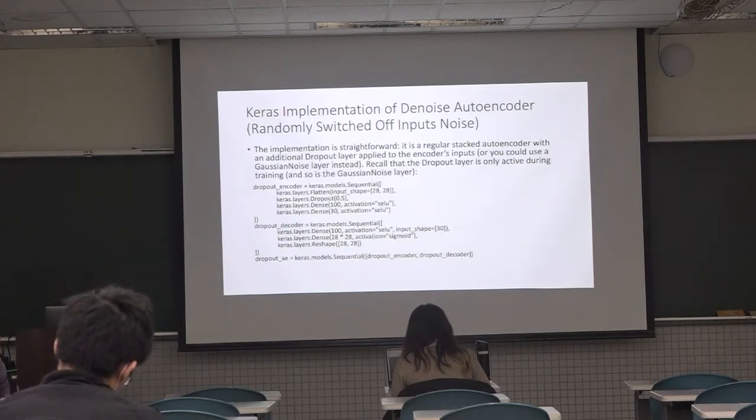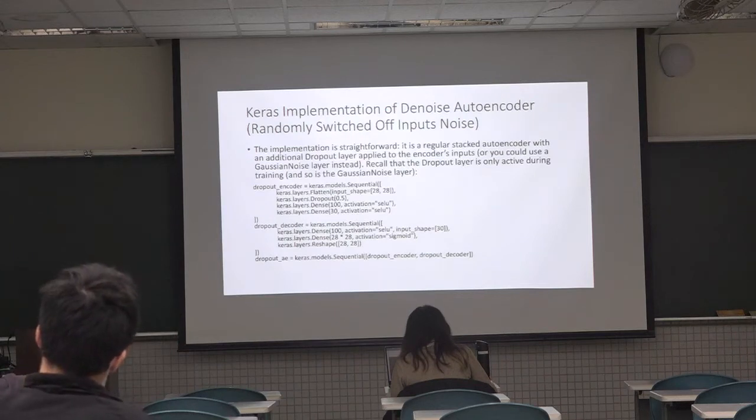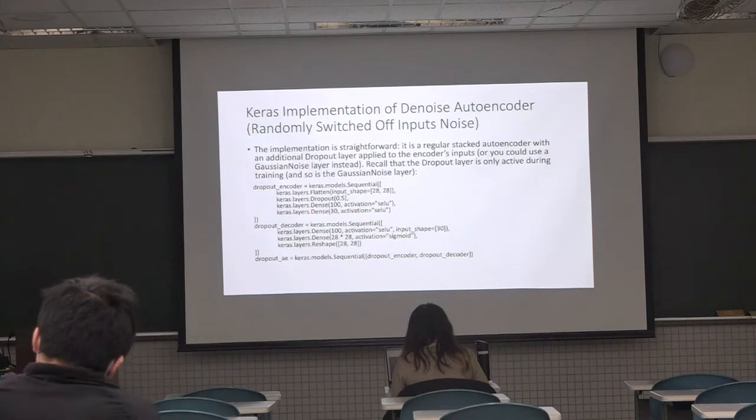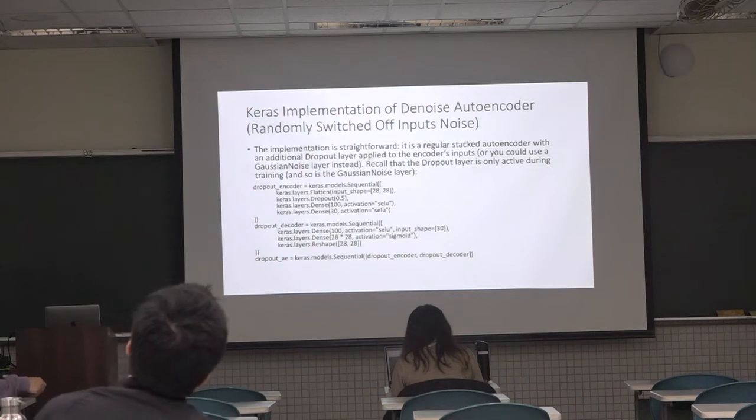So this is a very high dropping rate. Then we go through a 100 neuron activation dense layer and the 30 neuron coding layer, and then in the decoder we try to reconstruct the original input.